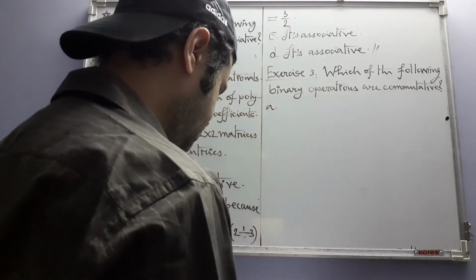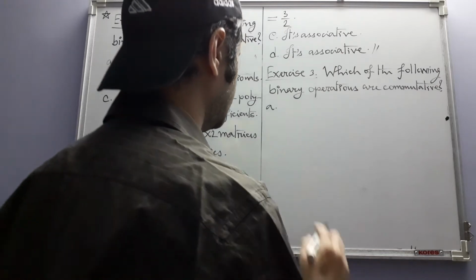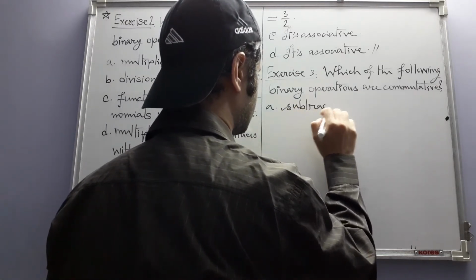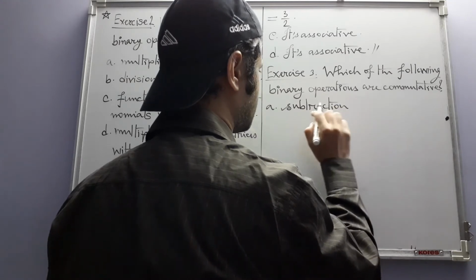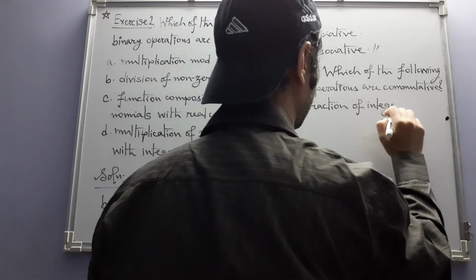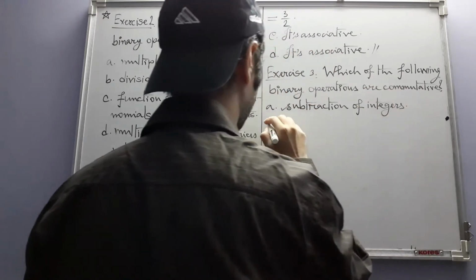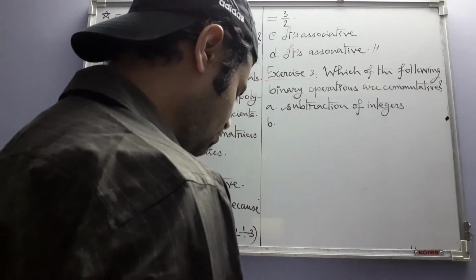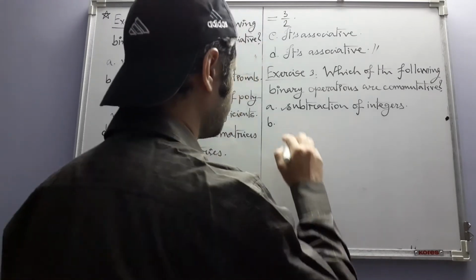Part A. Subtraction of integers. Then part B. Division of non-zero real numbers.